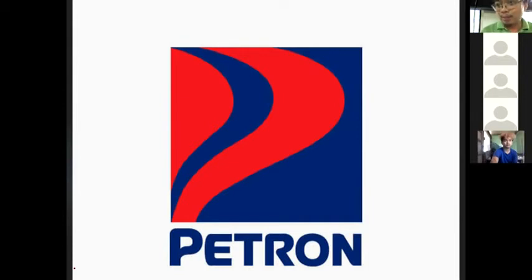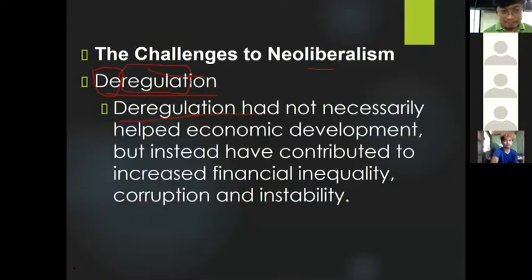Pagdating ni President Ramos, nagkaroon ng Oil Deregulation Law. Yan. Highlight natin, deregulation law. During the time of President Fidel V. Ramos, naipasa ang Oil Deregulation Law. Ibig sabihin ng deregulation law is that the government will lessen the control on the operation of oil players in the country, yung presyo nila, mababawasan yung control ng gobyerno. No?